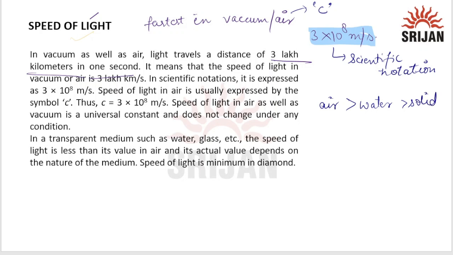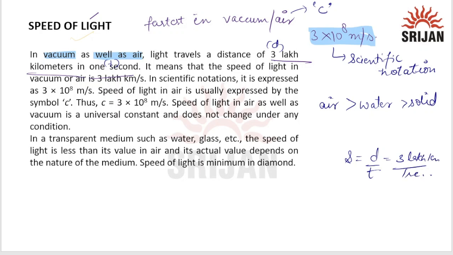Now in vacuum as well as air, light travels a distance of 3 lakh kilometer in 1 second. 3 lakh means distance and 1 second means time. Speed is represented by distance upon time. It will be 3 lakh kilometer in 1 second.